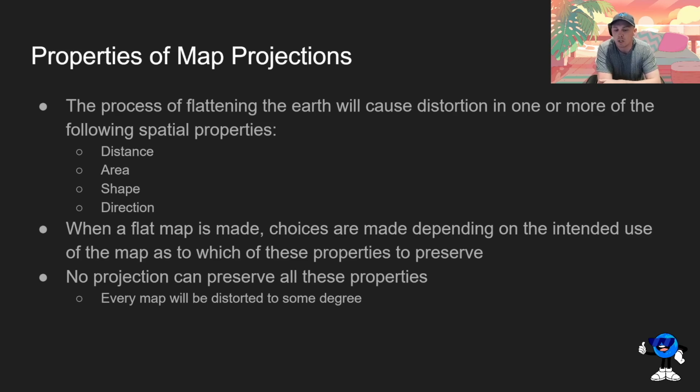No projection can preserve all of these properties, so there's always going to be some sort of distortion to some degree. Some will have it worse than others. But again, it all comes down to what the intended use of the map actually is.